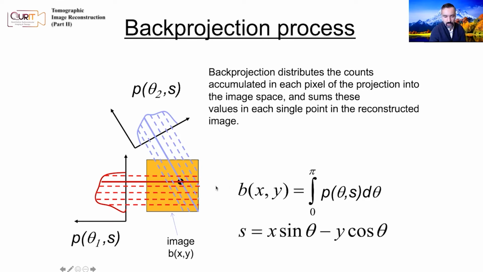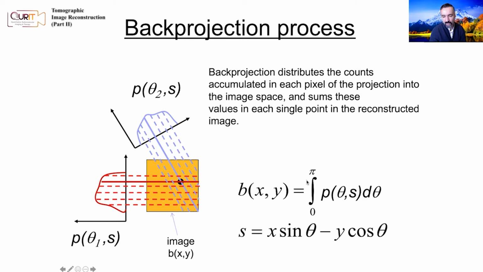So for example, you pick a certain x and y value, let's say here, you fix x and y, you think about just x and y. Well, x and y for a given θ corresponds to a given s, so you look for those equivalent positions here, which might be this point, and for a different angle, as you change θ, it might be this θ and s pair, and then you sum those up.